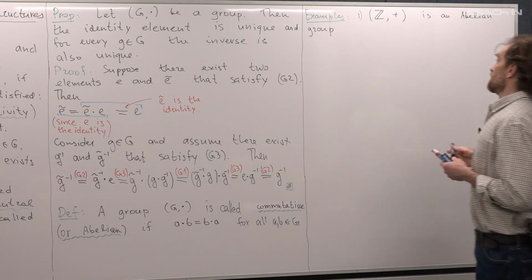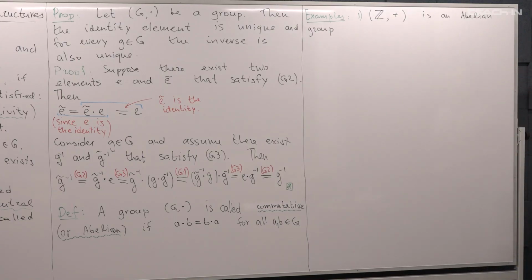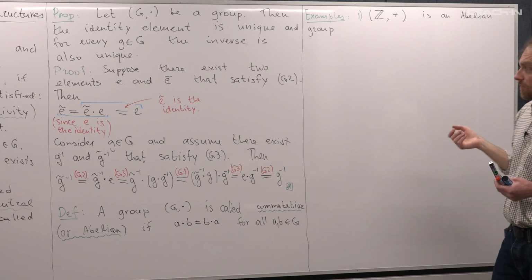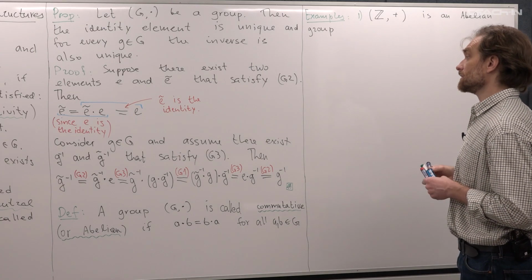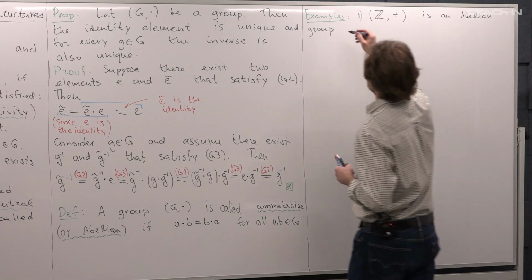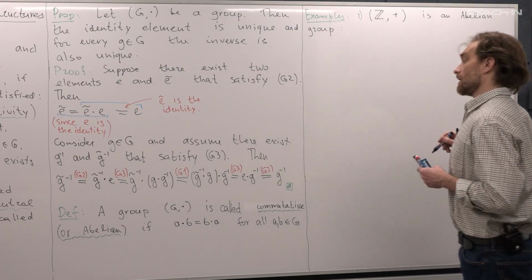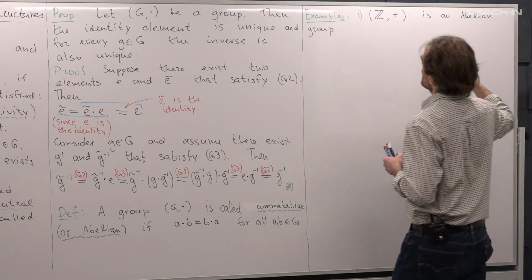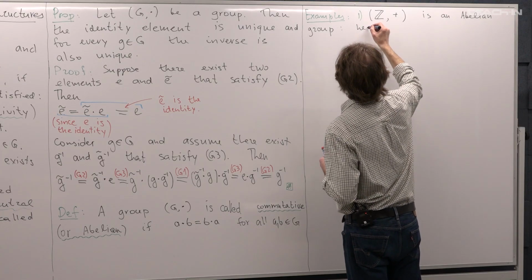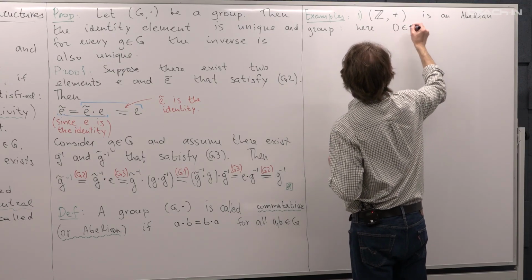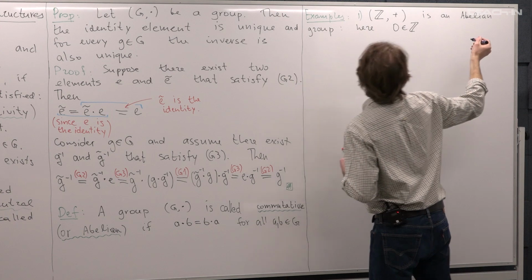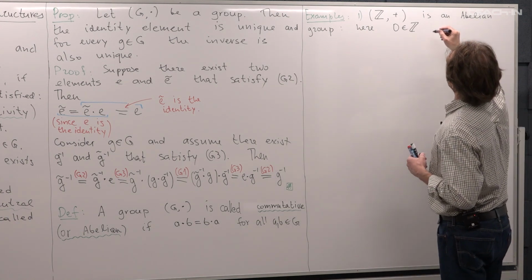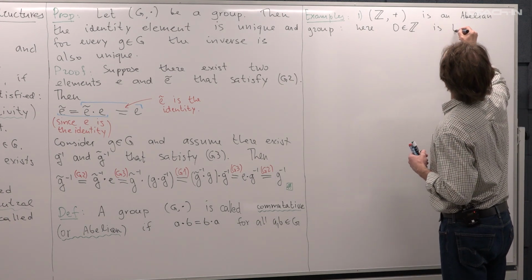So we know that the addition of integer numbers satisfies the property of associativity and commutativity. And so what is the neutral element? So here 0 is the identity.